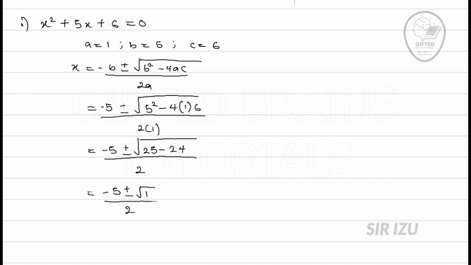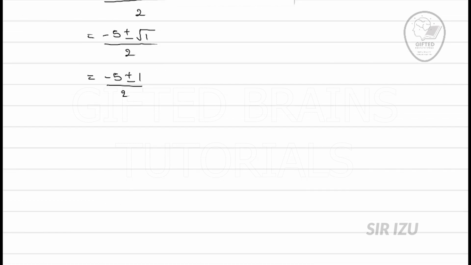And then we would have that x is equal to minus 5 plus or minus 1 over 2. And so if we solve now, we would have x equal to minus 5 plus 1 over 2, or x is equal to minus 5 minus 1 all over 2.